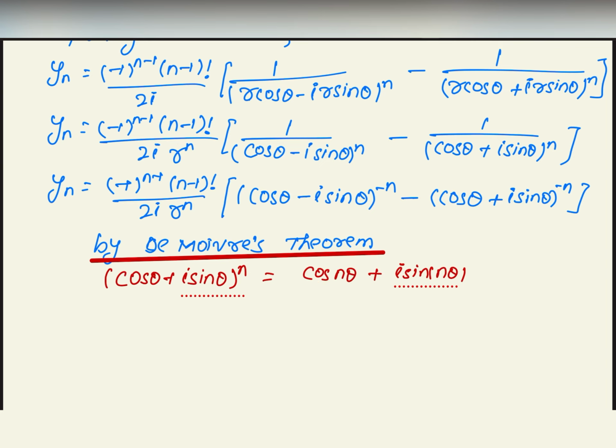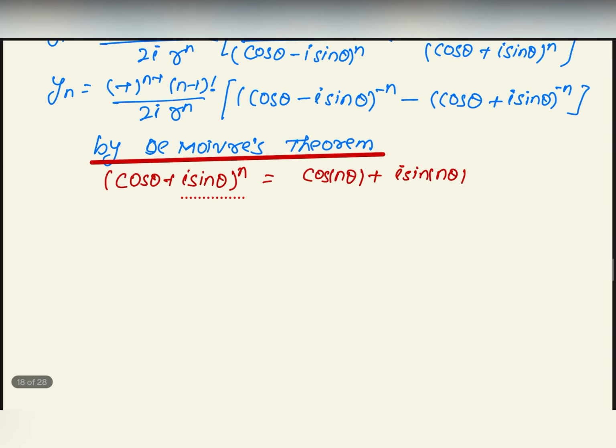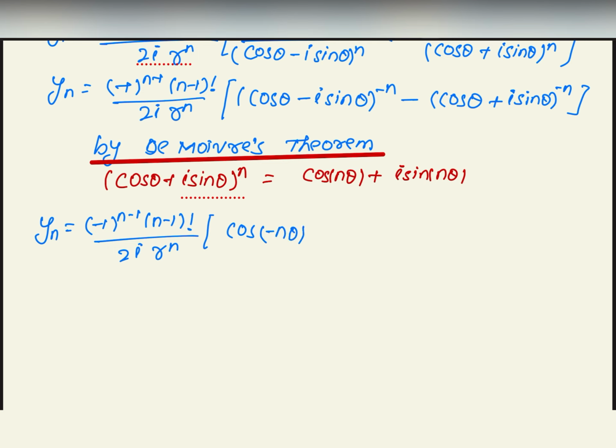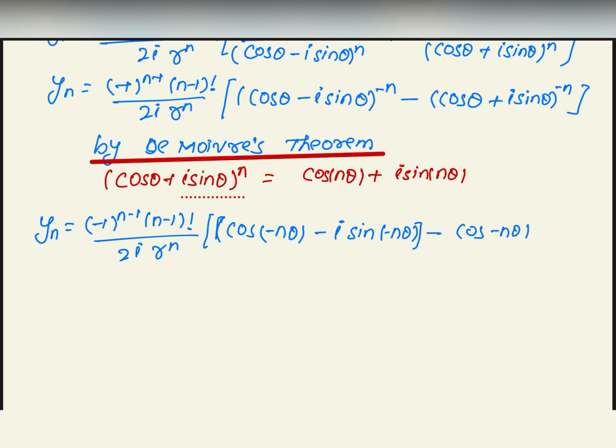Cos n theta. So the same I will use here, that is yn is equal to minus 1 to the power n minus 1 into n minus 1 factorial divided by 2i r to the power n, that is cos of minus n theta minus i sin of minus n theta, minus, cos of minus n theta plus i sin of minus n theta.